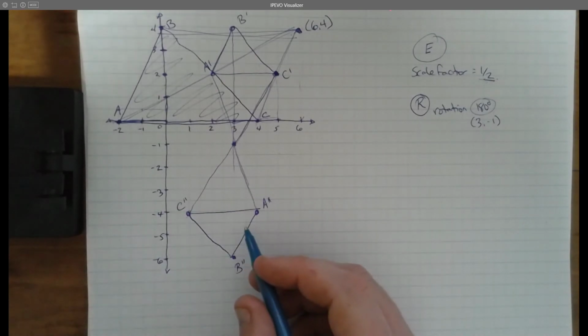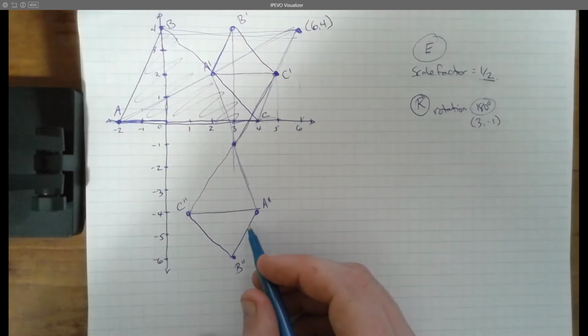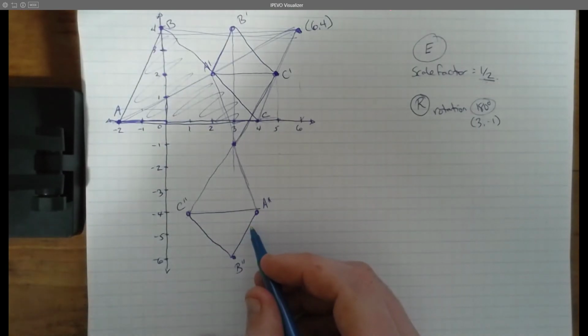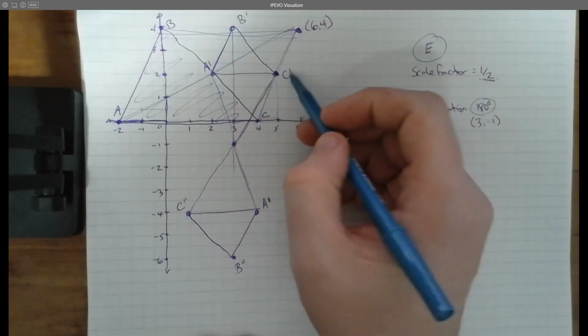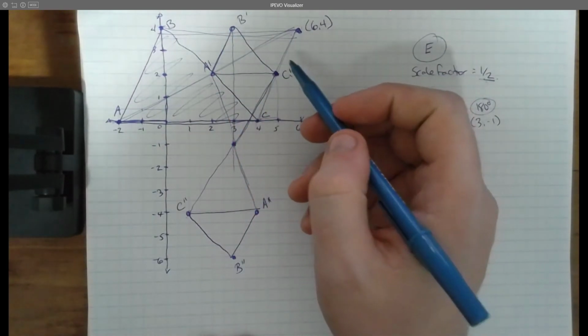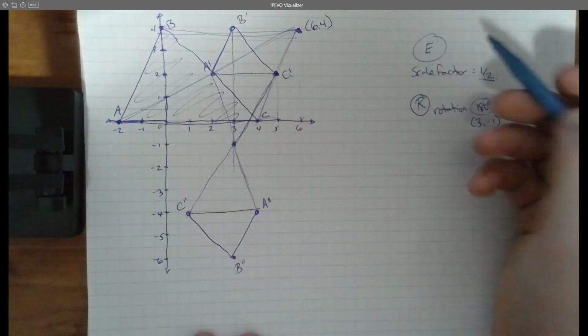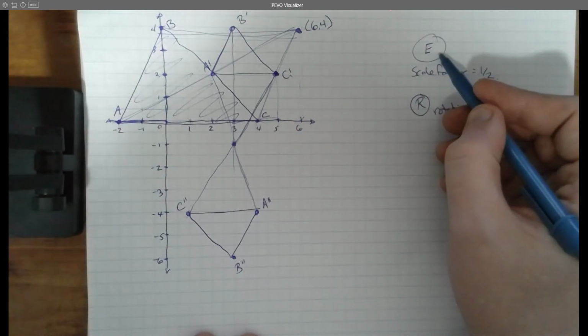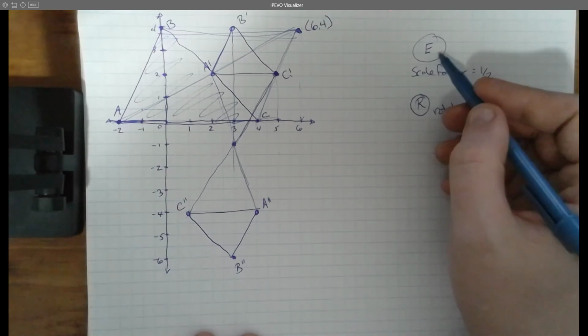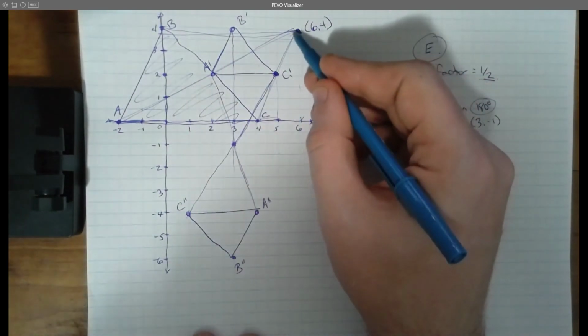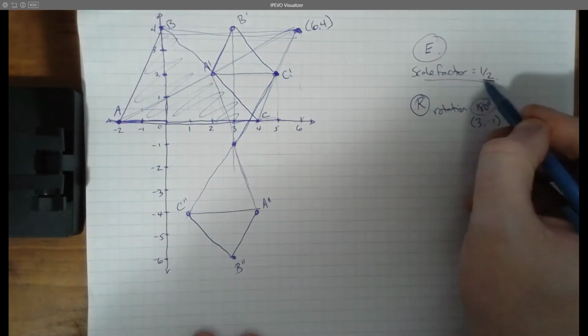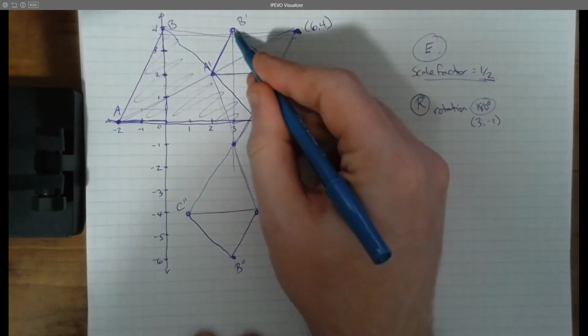So in the textbook, in example 13, under B it says plot and label triangle A naught, B naught, C naught that underwent transformation E. When this underwent transformation E, we went through this whole process of figuring out where the point was, figuring out where the scale factor was. We got this triangle here.